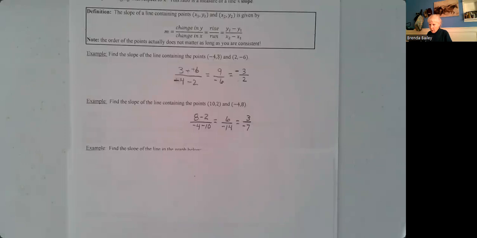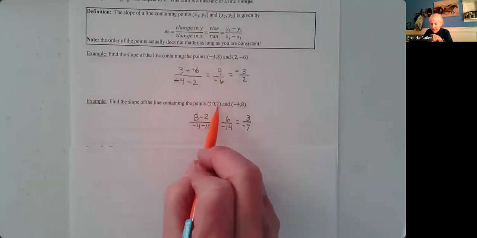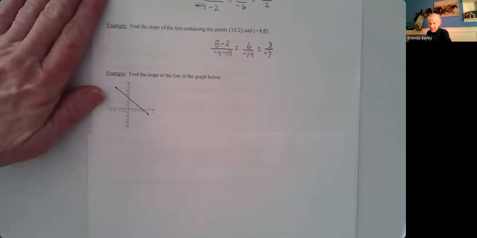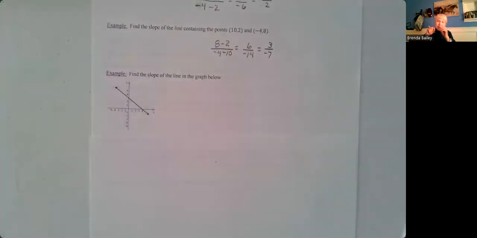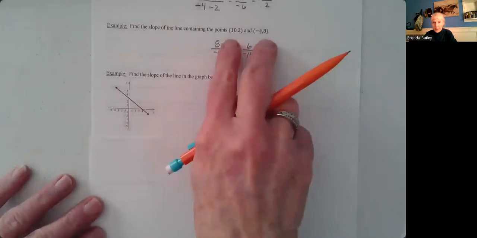Okay. Well, I hope the formula makes sense. Again, make sure you use the y's, which are the second numbers in the ordered pair, in the numerator on the top. Now this one right here, I'm sorry, but it's small. But if we want to find the slope given a graph, I'm going to find 2 points.